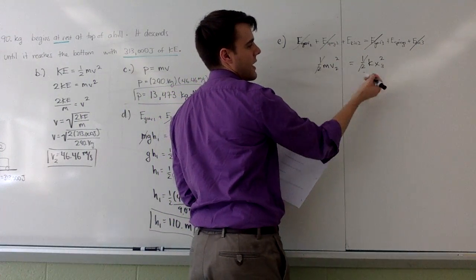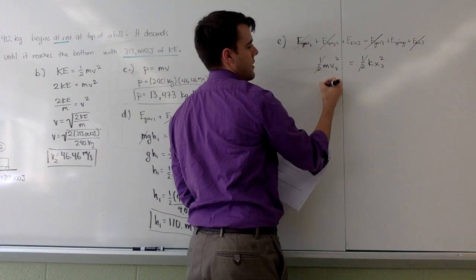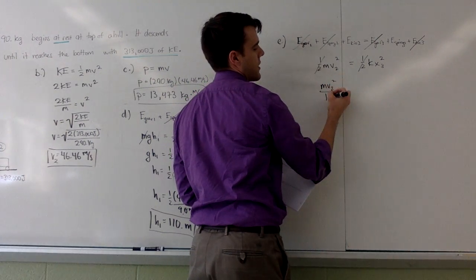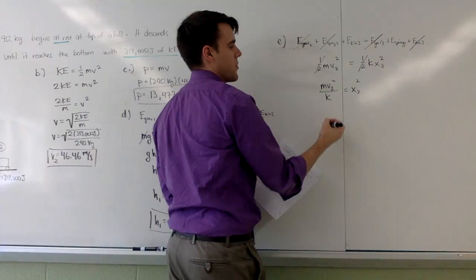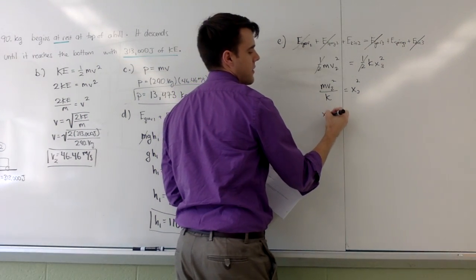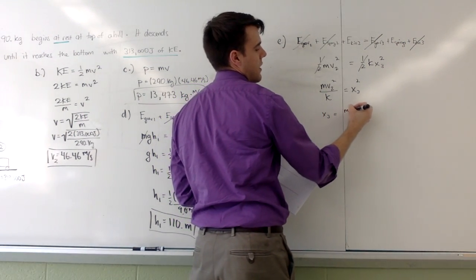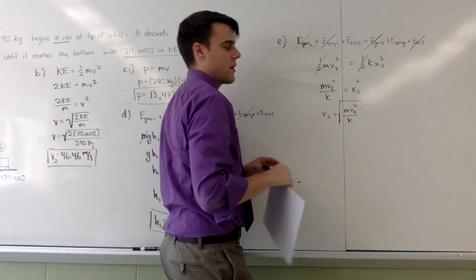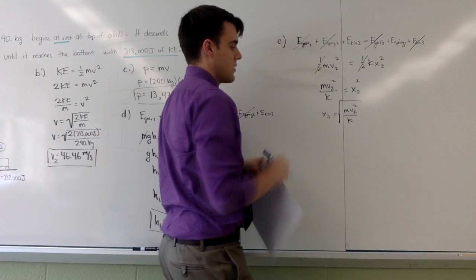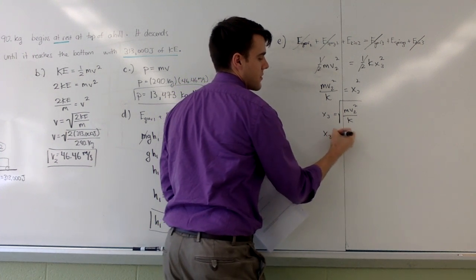So in order to do that, I'll divide both sides by k. So I get mv2 squared over k equals x3 squared. And then I'll square root both sides and end up with my displacement being the square root of mv2 squared over k. So now I can just substitute in all my values.